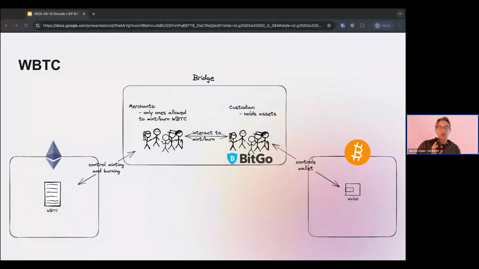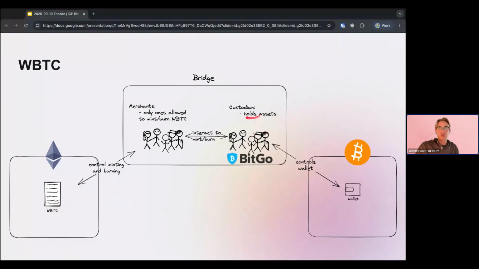So if you want to create new WBTC, and therefore you want to bridge your Bitcoin to Ethereum, at first a merchant has to send Bitcoin to the custodian.